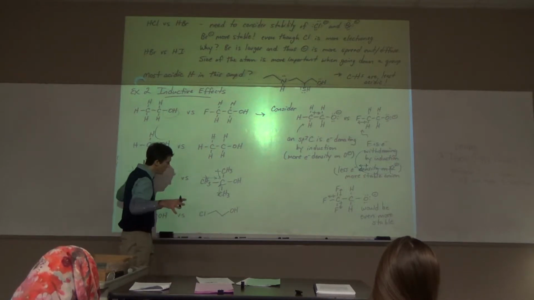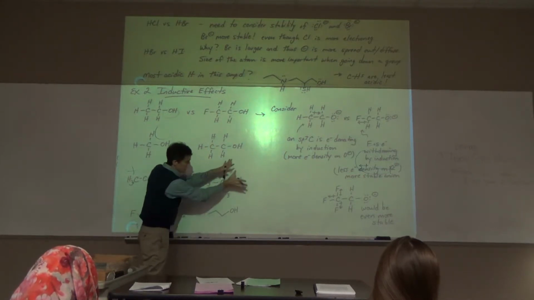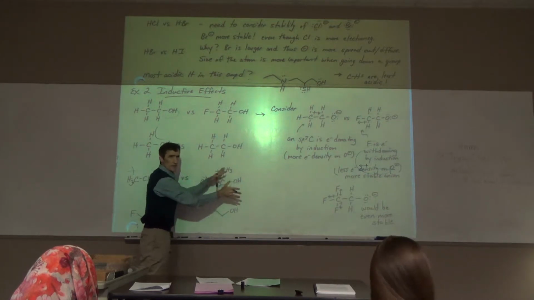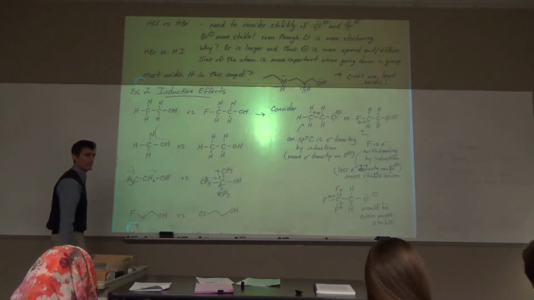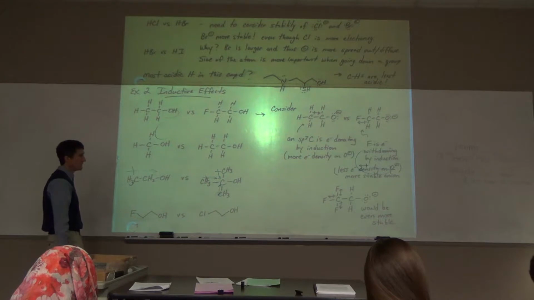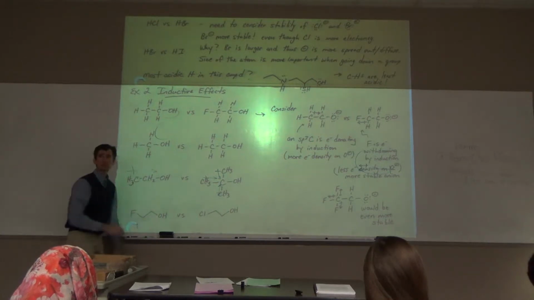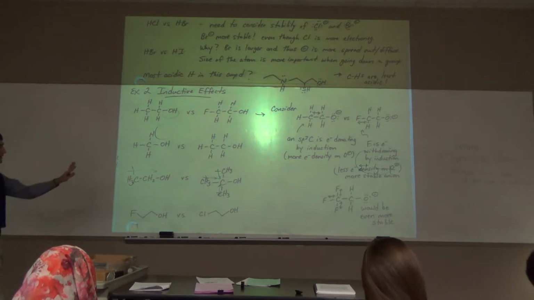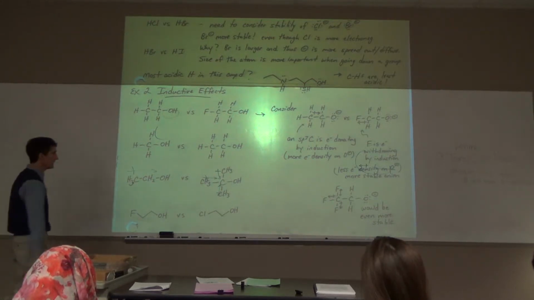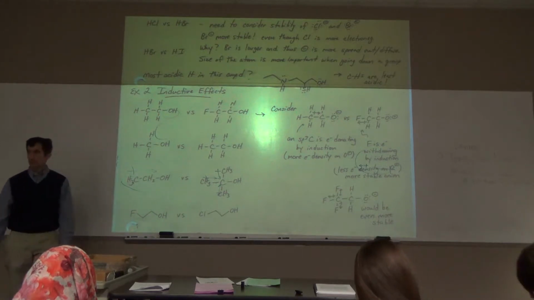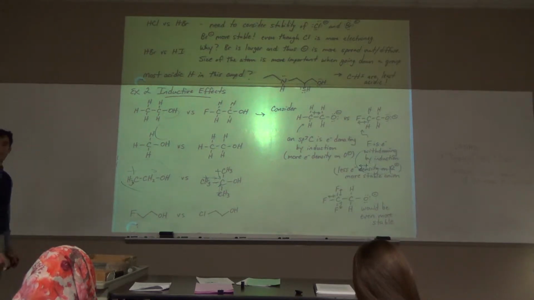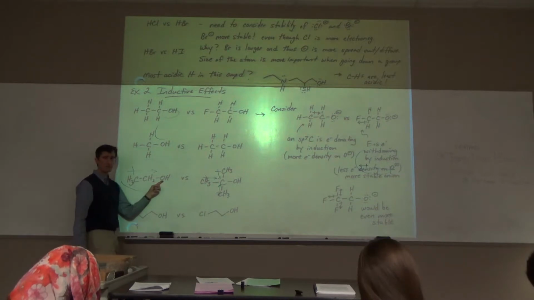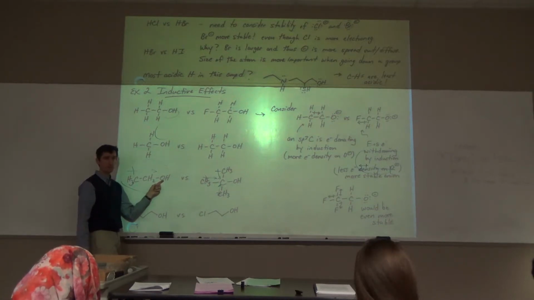And this all adds up into a big donation into this carbon and into this area. So we're looking at the inductive donation of the sp3 carbons. Based on that, which one's more acidic? First one, yes. Everybody knows we're considering the anions, right? I just didn't draw them.